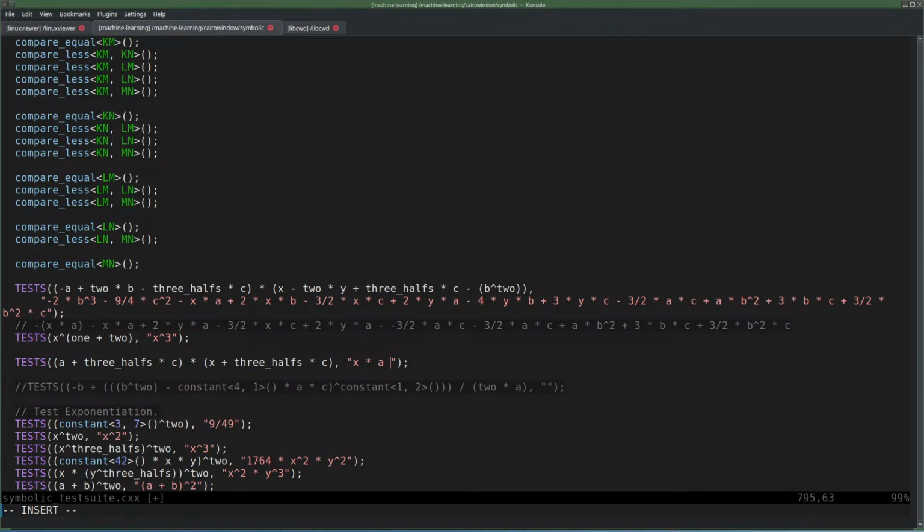And then, of course, 3/2 c times a, or x times 3/2 c, plus 3/2 times x, plus 3 divided by 2 times a times c, plus 9/4 c squared. I think that should be the answer.